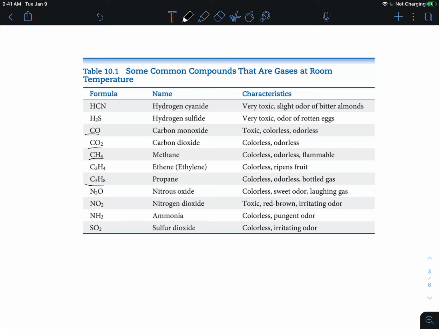We've also kind of hit on nitrogen dioxide, but ammonia, sulfur dioxide, nitrous oxide. All of these are going to be low molecular weight compounds that don't have a lot of interaction between the particles. So when we talked about polar covalent compounds, if you look, most of these are not. Some of them are, but most of them are not.